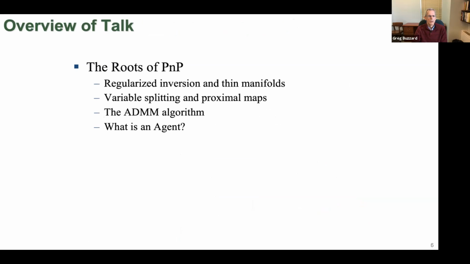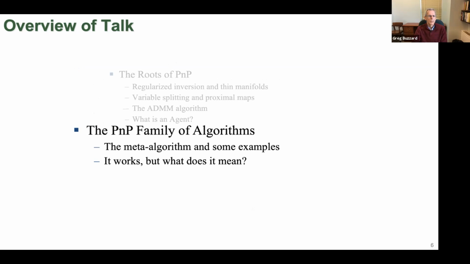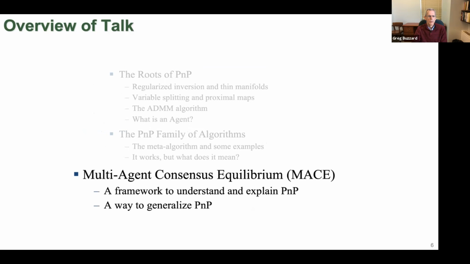Okay, so we'll start by talking about the roots of plug and play, how it starts with an optimization formulation and then gets reinterpreted in terms of these input-output maps or agents. We'll talk about how this applies more generally, and so what it means to be a meta-algorithm. And then we'll talk about the multi-agent consensus equilibrium, which is a way of understanding what exactly it is that the plug and play algorithm is doing.